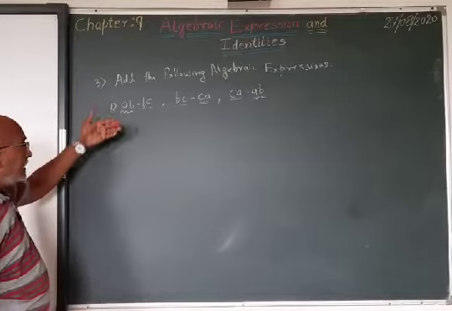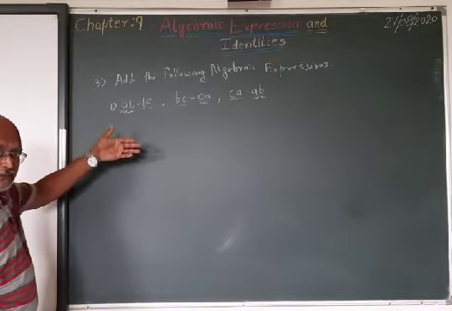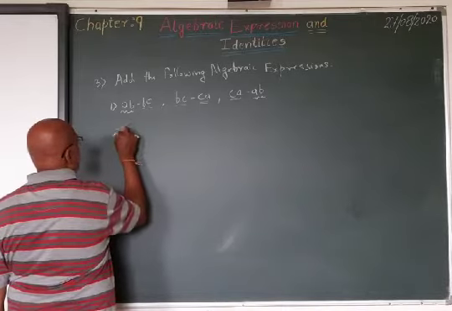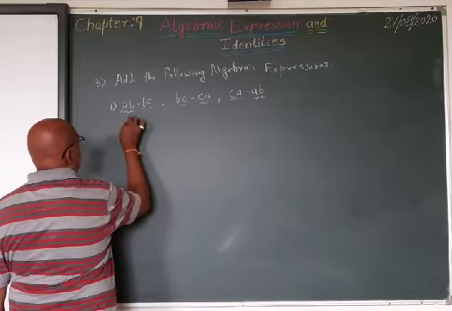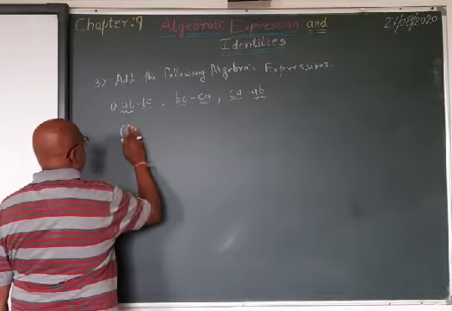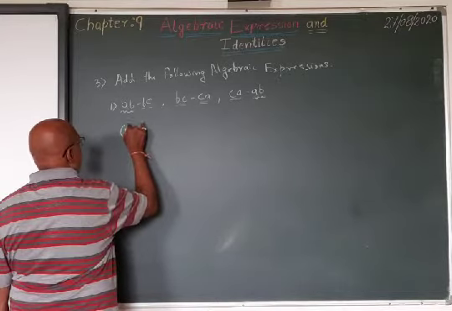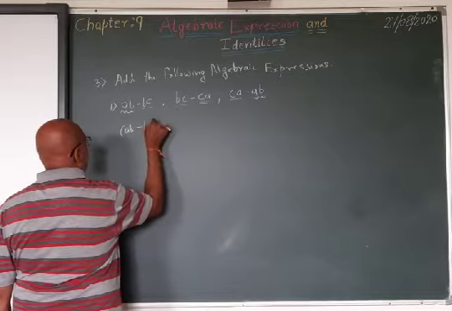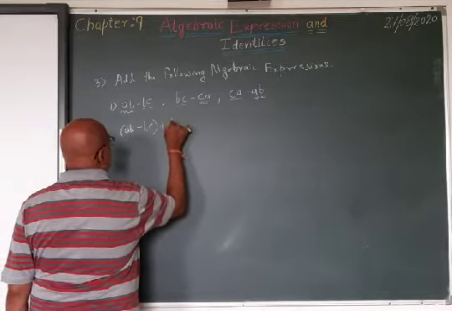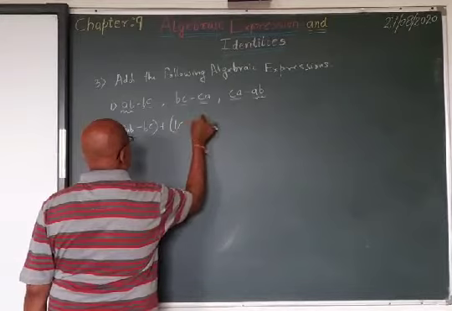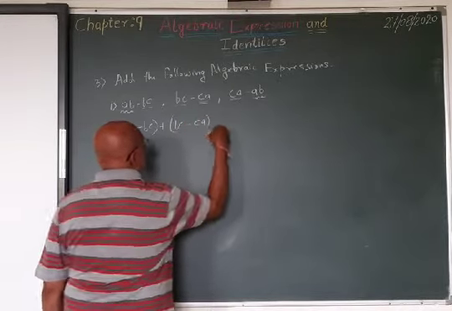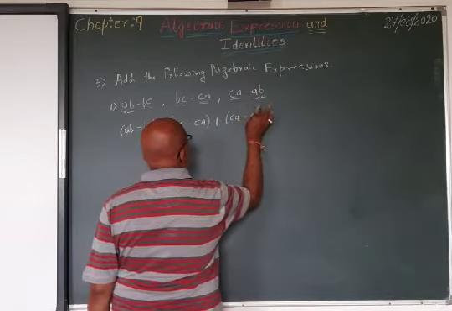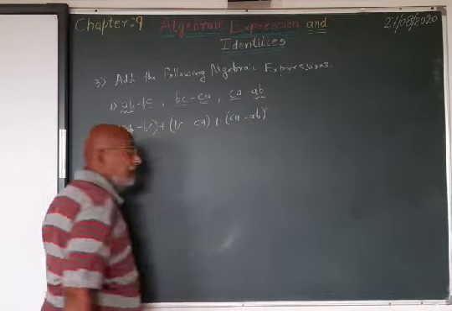So first we'll express it in the addition way: in brackets, AB minus BC plus BC minus CA plus CA minus AB. Now we have written it.